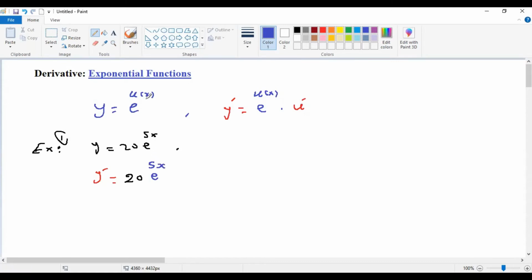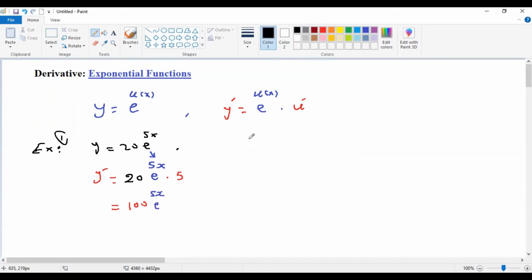See, the rule is e stays the same, but times what? Multiply by u prime. u is 5x, so u prime is 5. The derivative of 5x is 5. So the answer is 100 e to the power 5x.